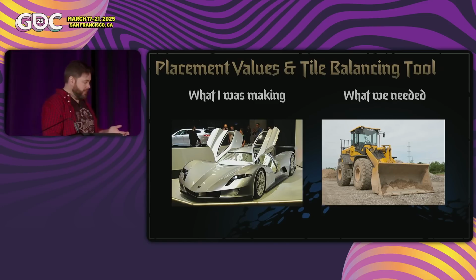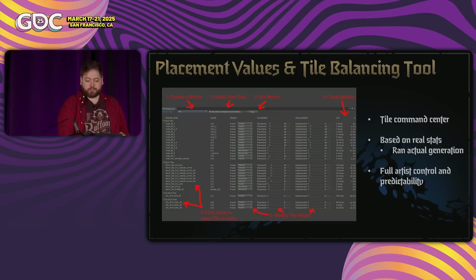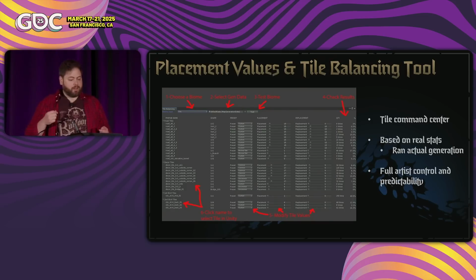So after a year, I finally got the message, and we took a step back to find a solution to re-empower the artists to do their best work once more. The solution we came up with was something we called a tile balancing tool.